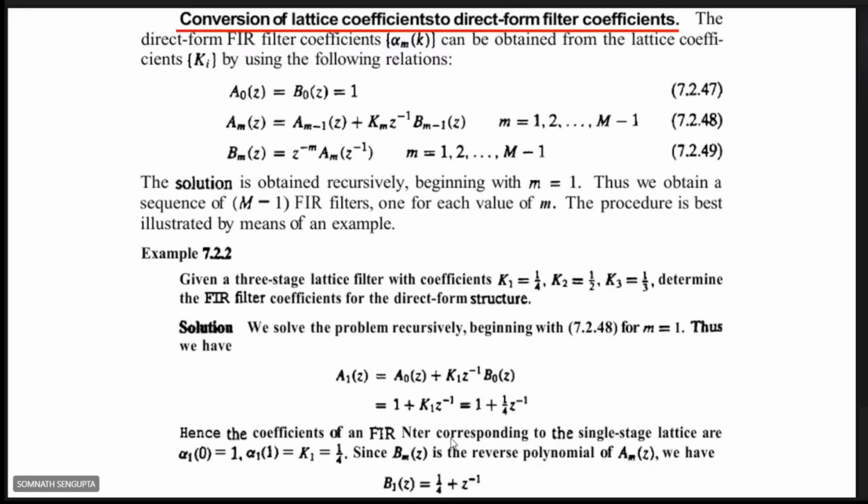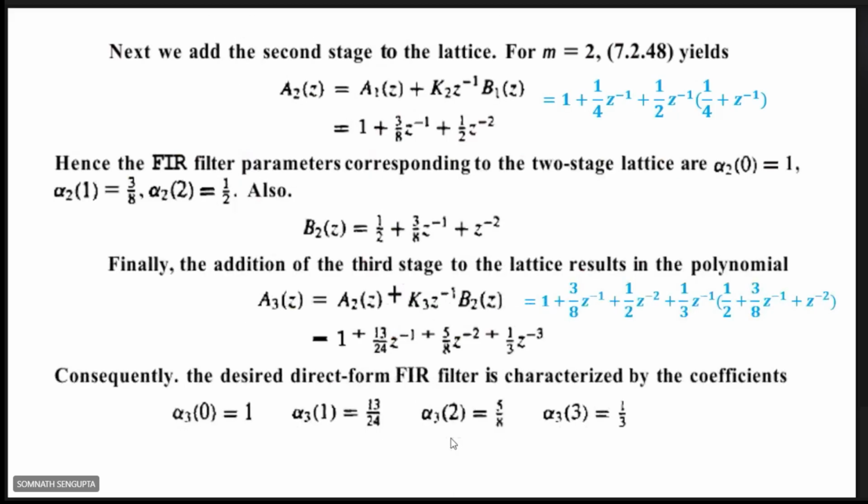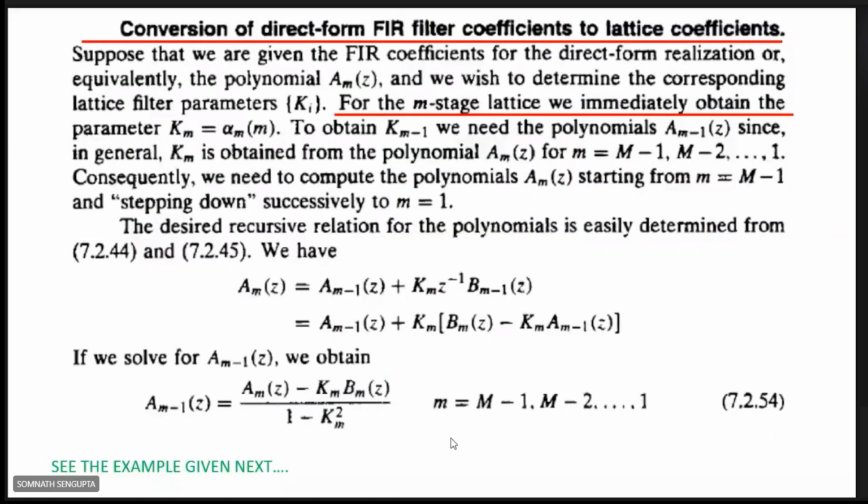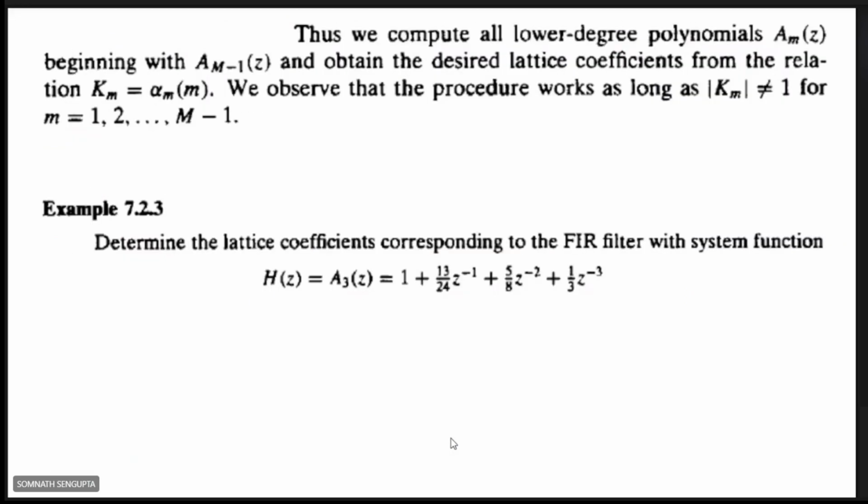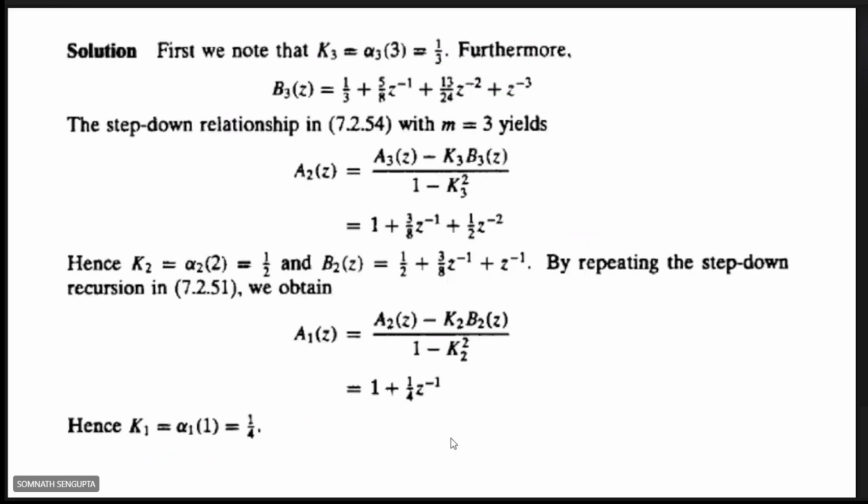Now for the process from direct form filter coefficients to lattice coefficients, we use the step down approach. That means initially we will consider the highest order polynomial, then we go to the lower order polynomial.